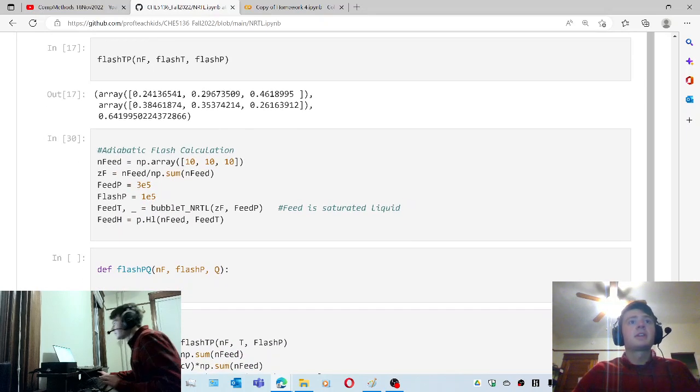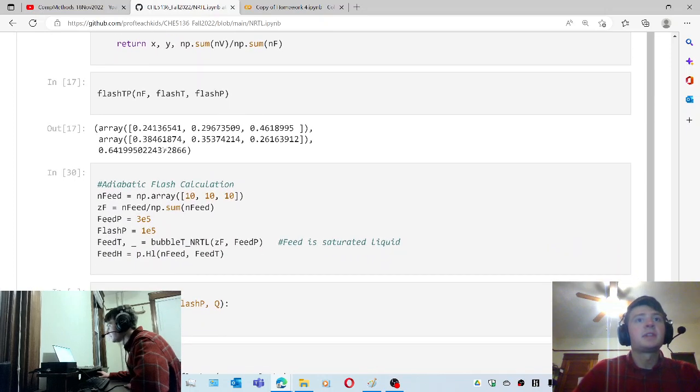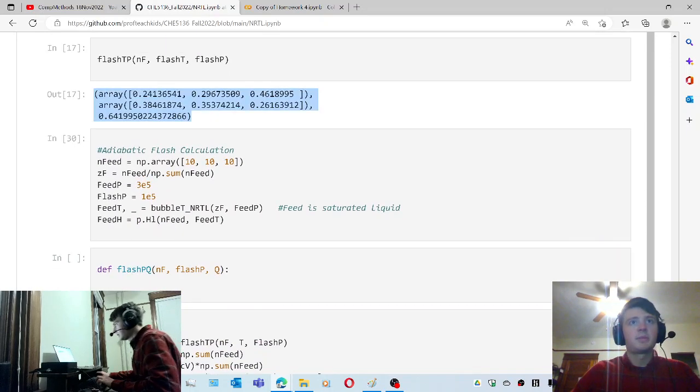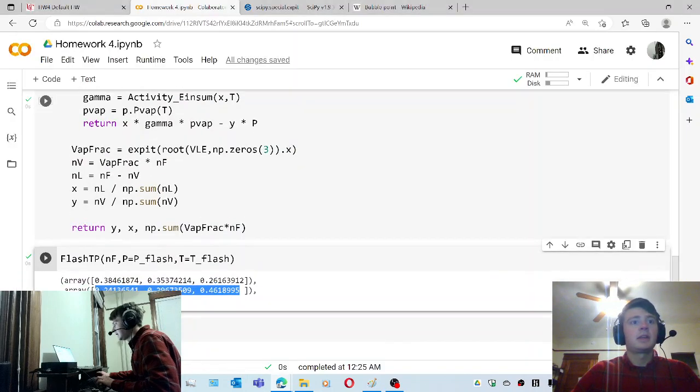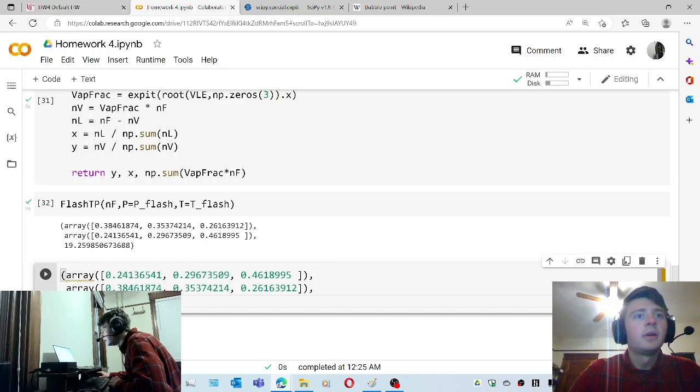It looks like the compositions are the same; he's just got them in a different order. Let me copy that and paste it down here. Yeah, these two arrays are the same.